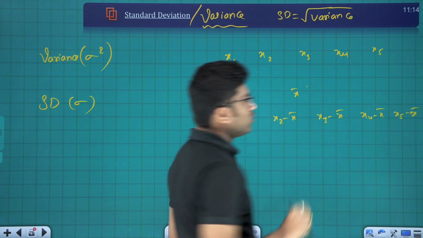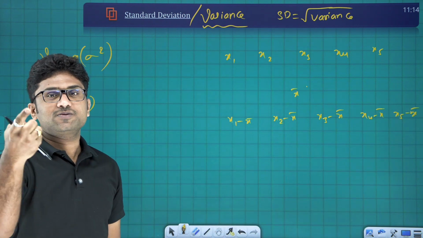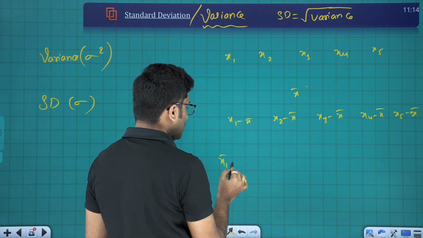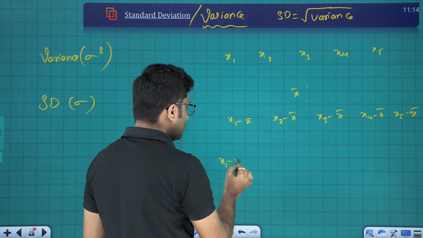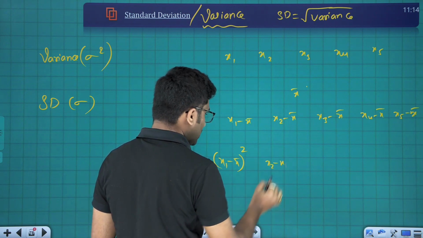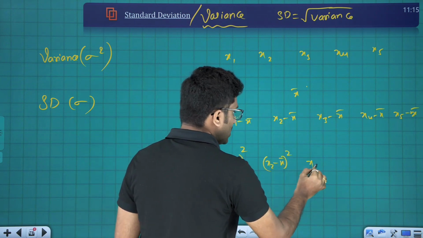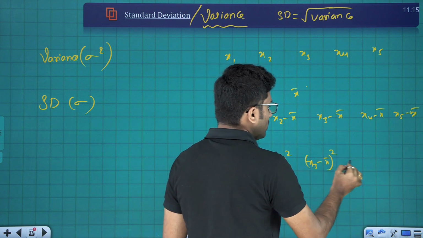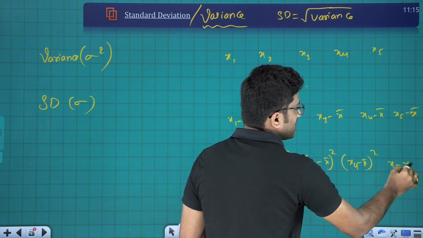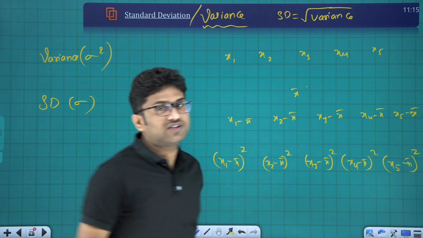These are the deviations of the observations with respect to the mean. If we square each deviation, we get (x1 minus x bar) whole square, and so on up to (x5 minus x bar) whole square. We have got squares of the deviations.